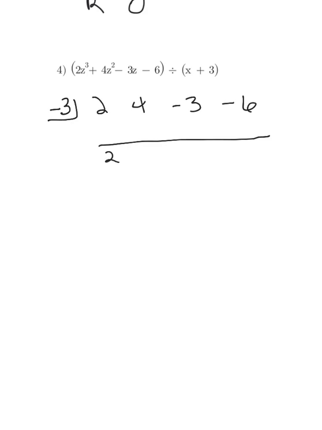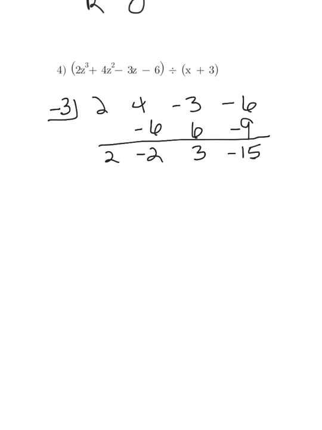Bring down the 2. 2 times -3 is -6. 4 plus -6 is -2. -2 times -3 gives me +6. 6 plus -3 gives me 3. 3 times -3 gives me -9. -6 plus -9 gives me -15.